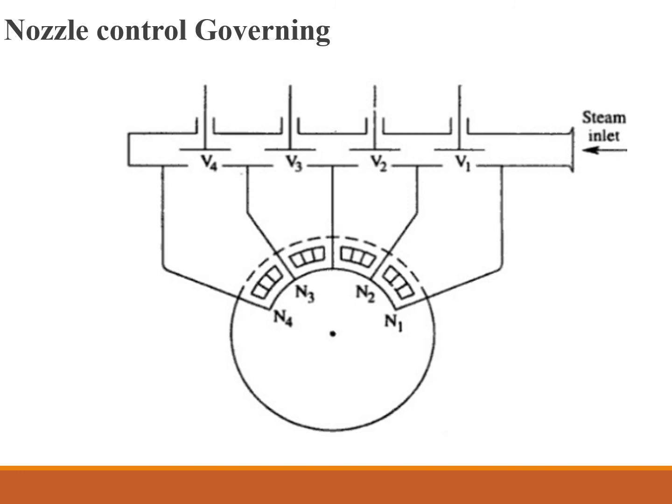The nozzles are divided into four groups N1, N2, N3 and N4, and the control valves V1, V2, V3 and V4 control the amount of steam supplied to each nozzle group respectively. Under full load condition, all the regulating valves are open. When the load on the turbine is reduced, the supply of steam to a group of nozzles is shut off.